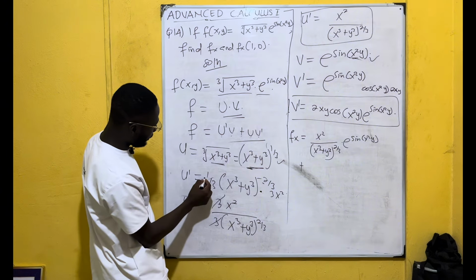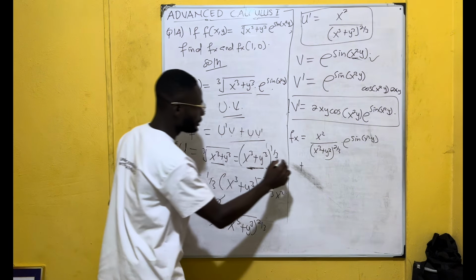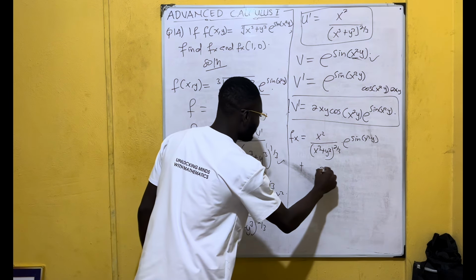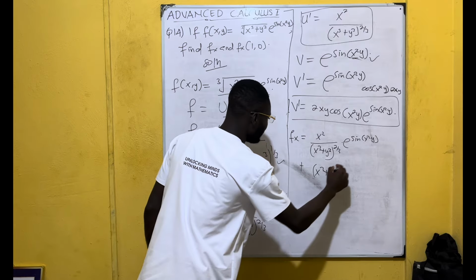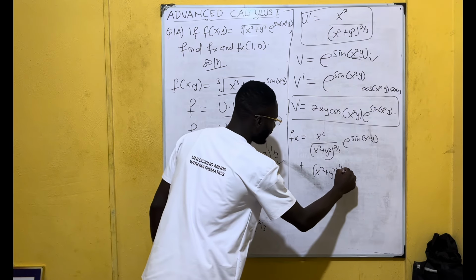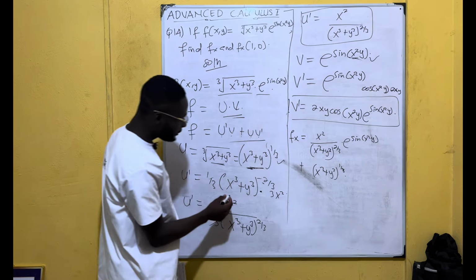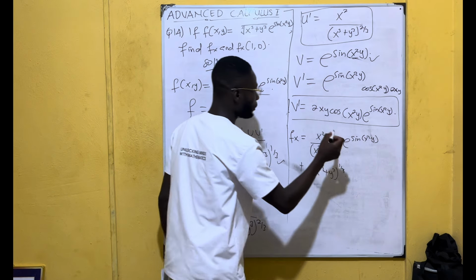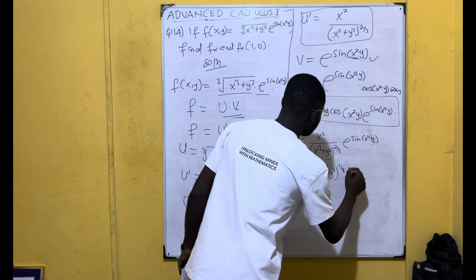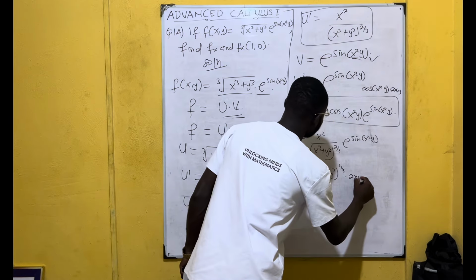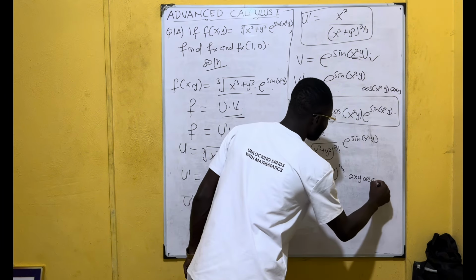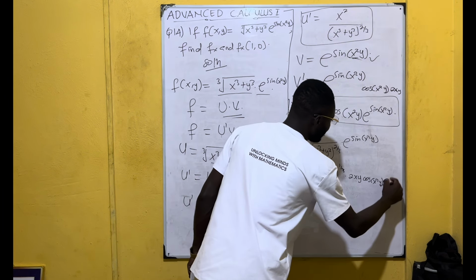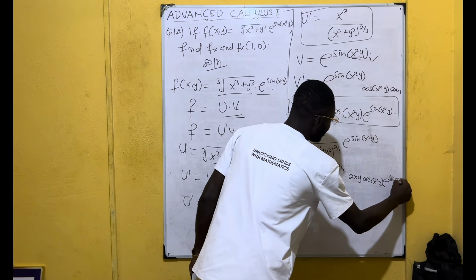We have u here to be (x cubed plus y cubed) to the power 1 over 3, times the derivative of the second function, which is the v prime. So we have 2xy cos(x squared y) e to the power sine(x squared y).